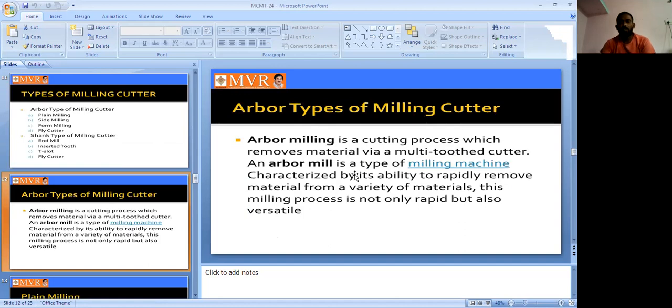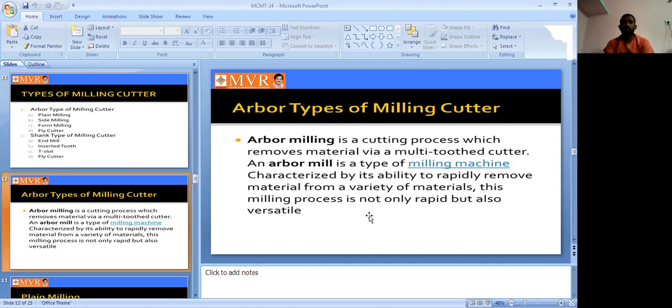An arbor mill is a type of milling machine, characterized by its ability to rapidly remove material from a variety of materials. This milling process is not only rapid but also versatile. So this is the introduction to arbor type milling cutters.